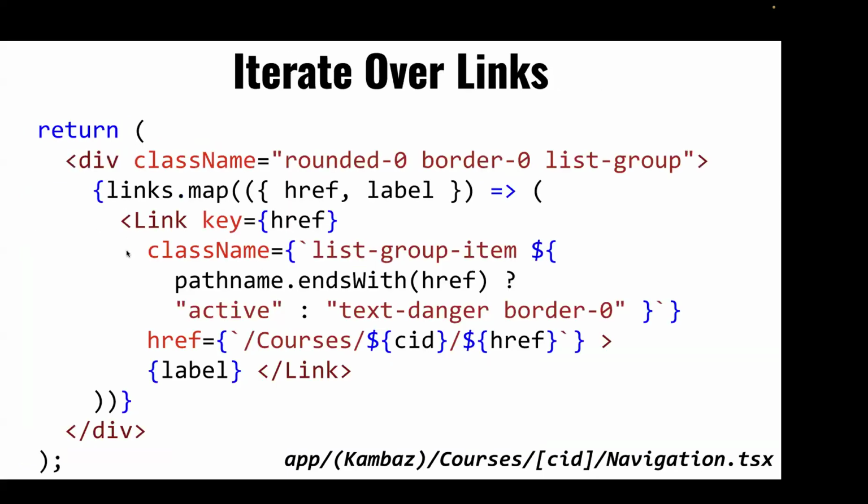And now we can iterate over the links. Instead of having 10 or 15 different link elements, we can generalize it to just iterate over the array, and then dynamically render the link with the path name, checking to see if it ends with href to apply active or not, and then encode the CID in the href. Okay.